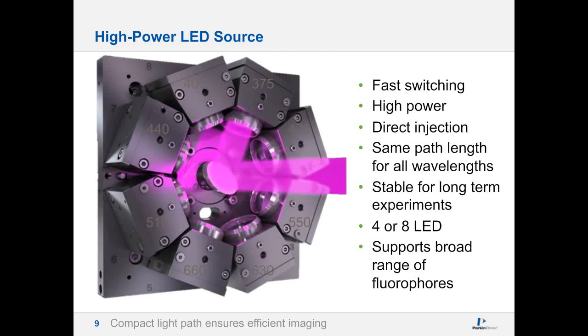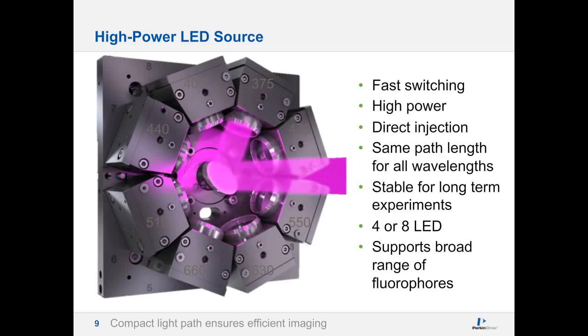In the past, we stayed with lamp excitation for quite a while because we still felt it gave you very good power and very good excitation efficiency. But LEDs have developed very rapidly over the last couple of years, and we felt now that there was a good time to combine the best LEDs we could find into one very compact, very high power internal LED light source.